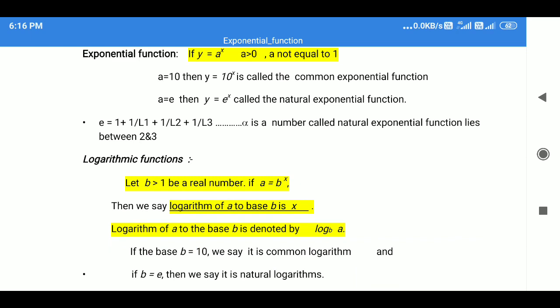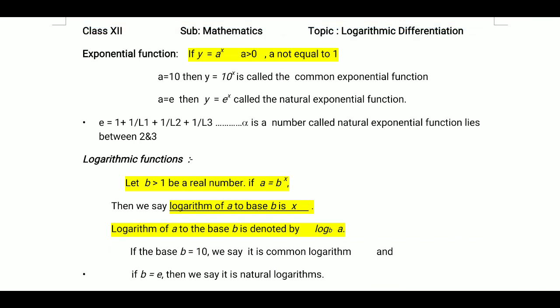Now we define the logarithmic function. Here I take b as the base, and suppose the base is greater than 1. b is a real number greater than 1, and a is in the exponent form of b, as a is equal to b power x.